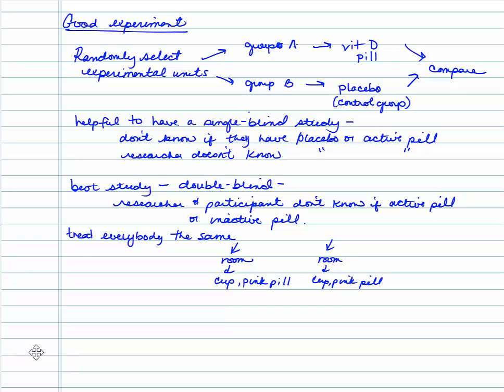And they have no idea if the pink pill is active or not active. The person doesn't know if the pink pill is active or inactive. And the doctor has to treat everybody exactly the same to get an accurate study result.